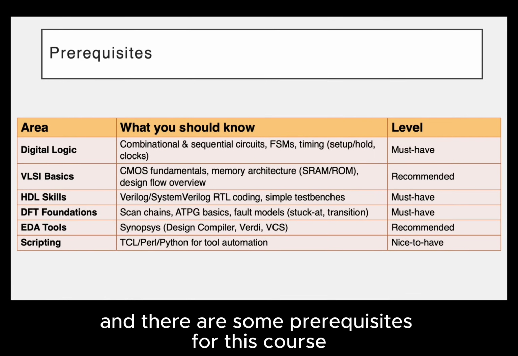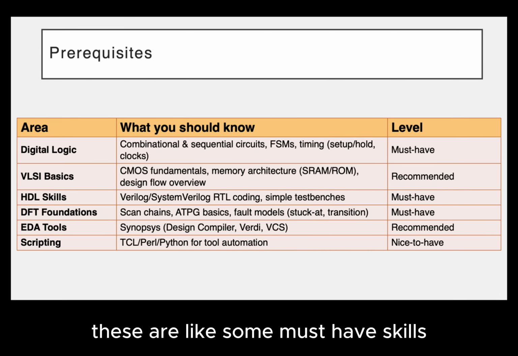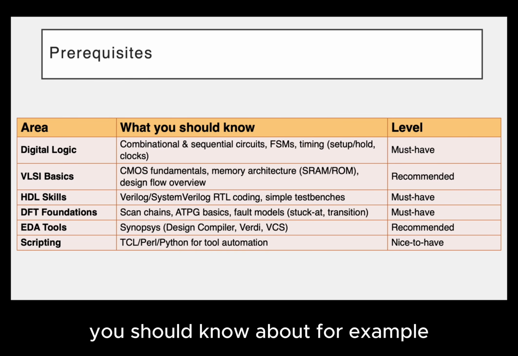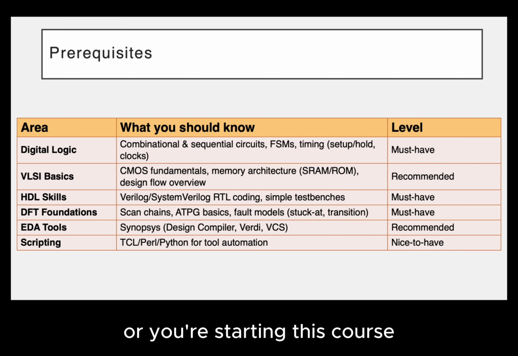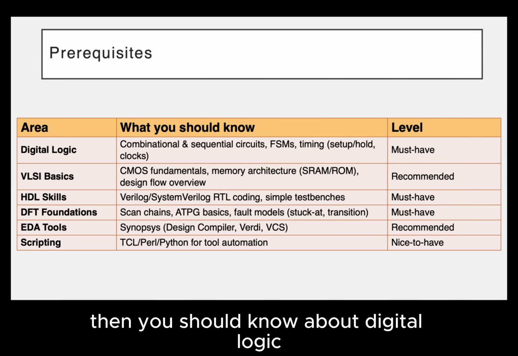And there are some prerequisites for this course. These are some must-have skills you should know about. For example, if you are going into MBIST in any organization or you're starting this course, then you should know about digital logic, like what are finite state machines, combinational circuits, sequential circuits, and timing details, what is setup time, what is hold time, what are clocks, what is the purpose of clock, what is the purpose of reset.